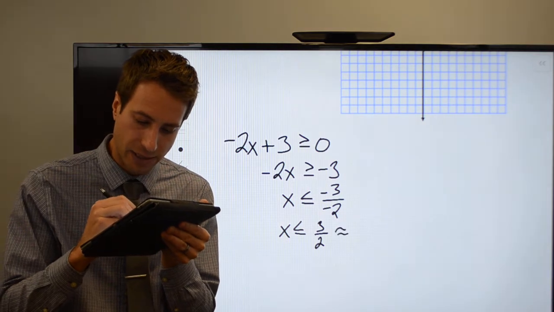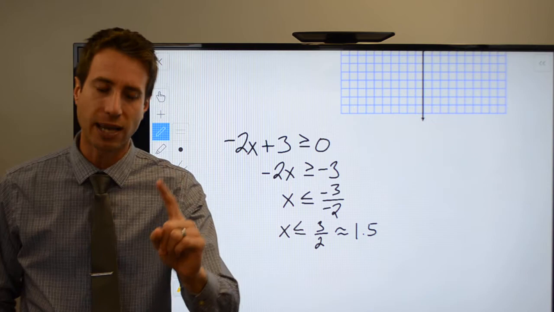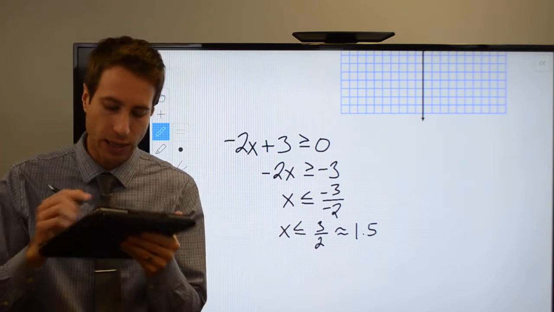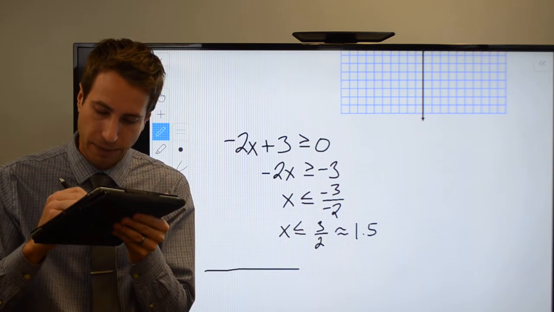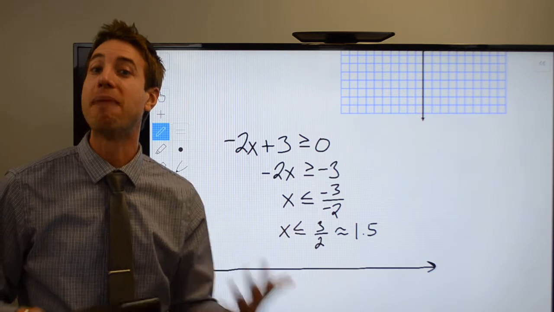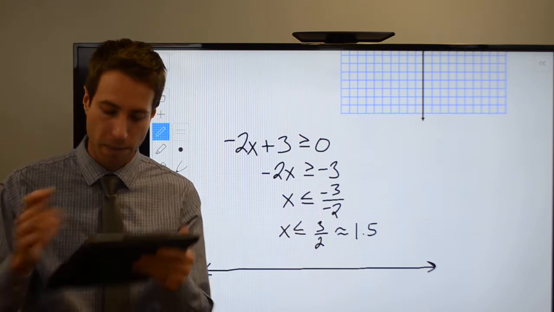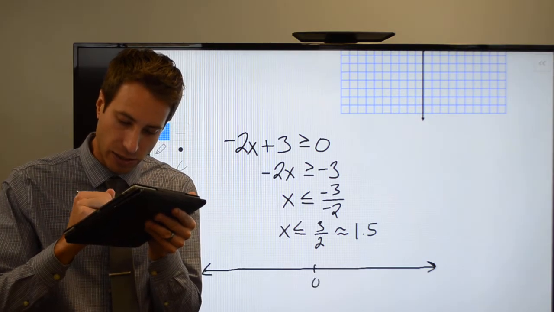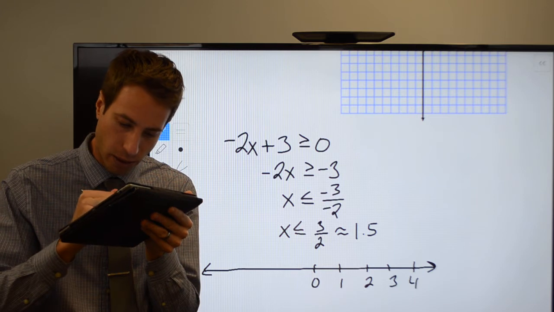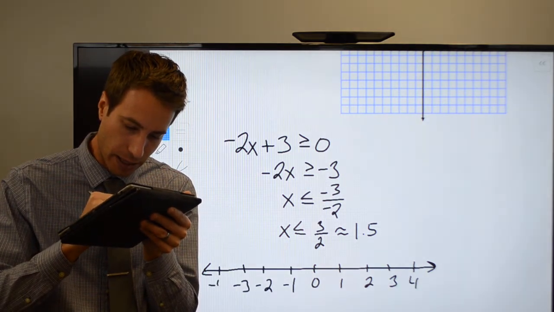Now remember, 3 halves is 1.5. Let me throw this on a number line one more time for you, just because the number line is a great way to visualize what's happening here. I draw my number line, and this tells me that my domain are all numbers less than or equal to 1.5. Well, let's see what that looks like. There's 0, 1, 2, 3, 4, negative 1, negative 2, negative 3, negative 4.